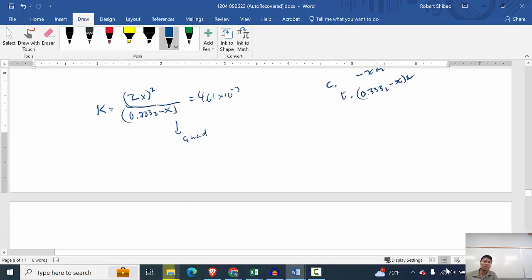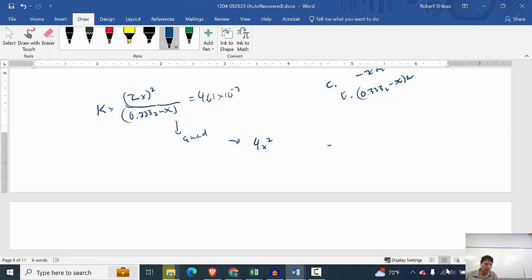To get this into quadratic form, I'm going to do that here. This is going to equal 4x squared. Then I'm going to multiply both sides by 0.3332 minus x, so I'll take my 0.3332 times 4.61 times 10 to the minus 3, and subtract it.